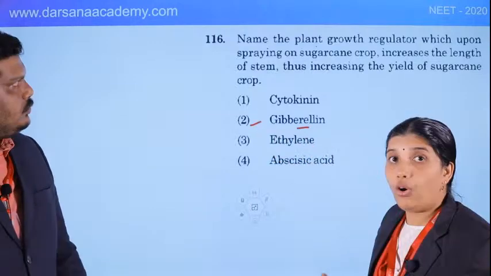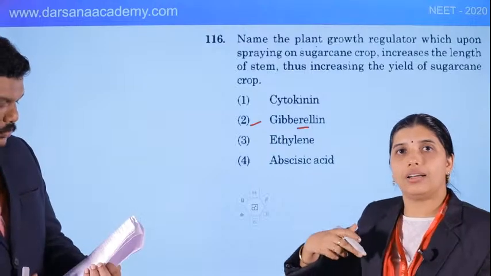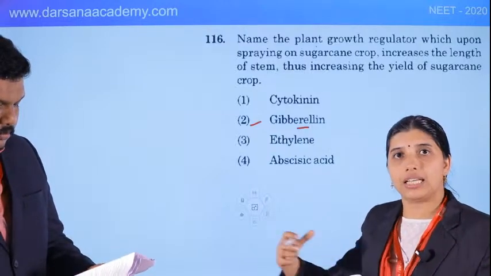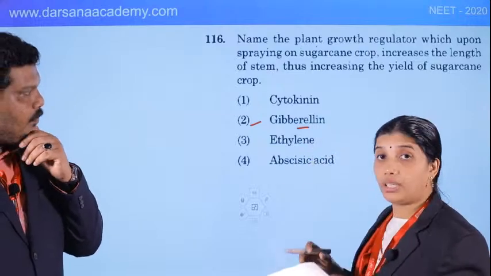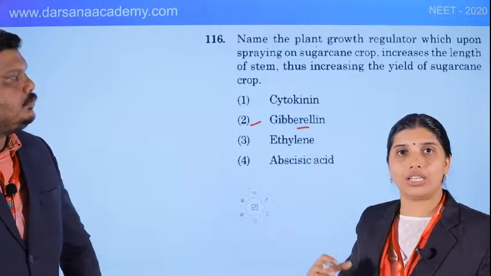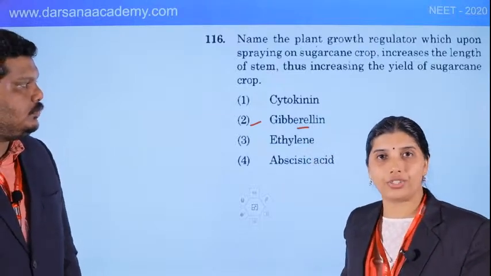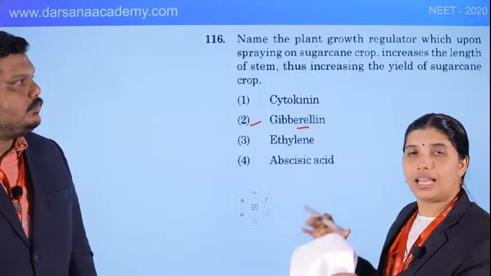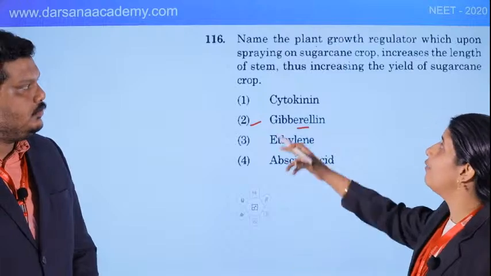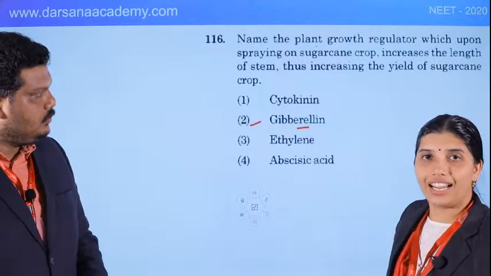Gibberellin causes elongation of plant parts, internode elongation, axial length elongation in grape stalk, and also bolting, malting, and early maturation in juvenile conifers. All these are different functions of gibberellin. For this question the same statement is directly from the NCERT. For question number 116, 2 is the correct answer.